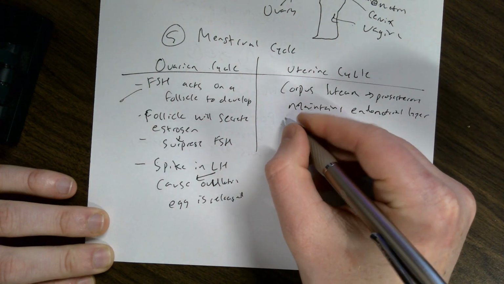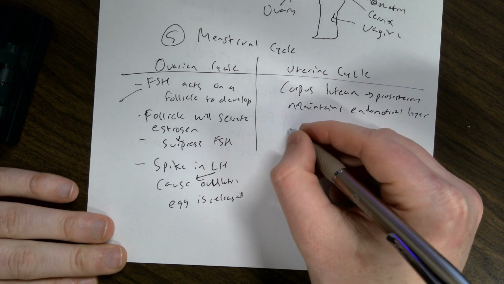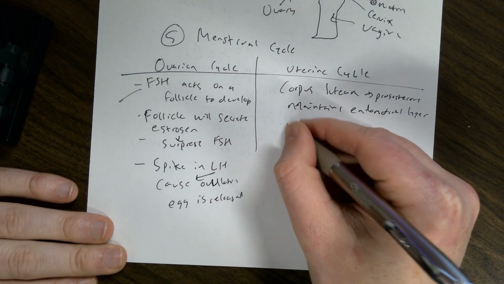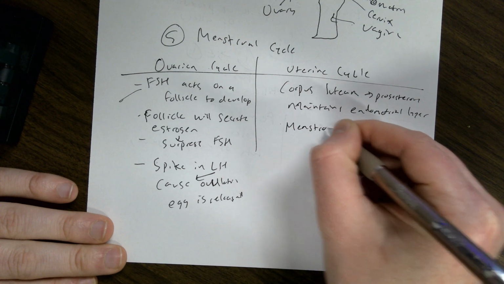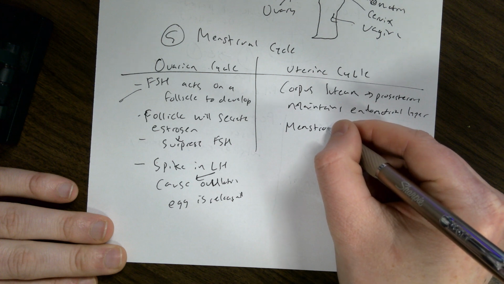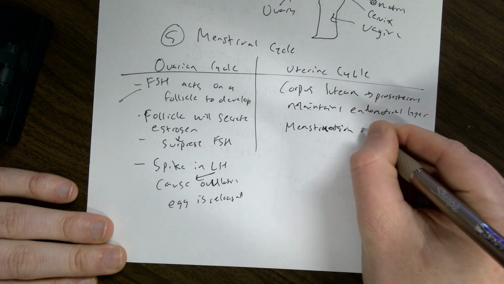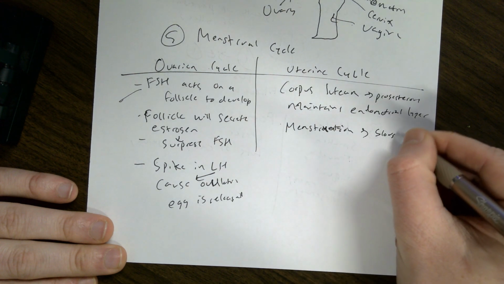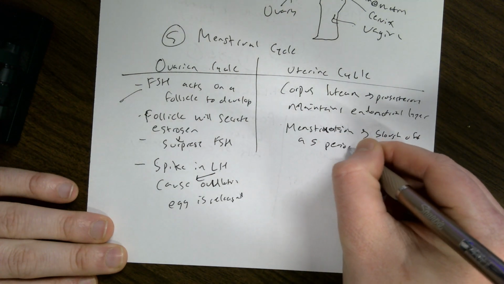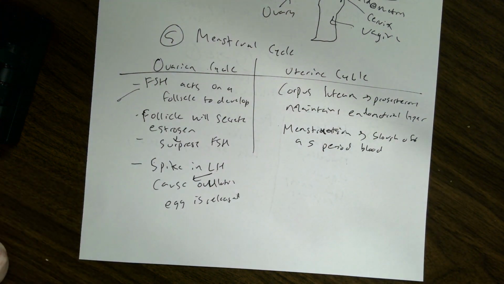So then this will slowly degenerate over time, and as it drops, if no fertilization happens, then you'll have menstruation. And so it will slough off as period blood. And that's the menstrual cycle.